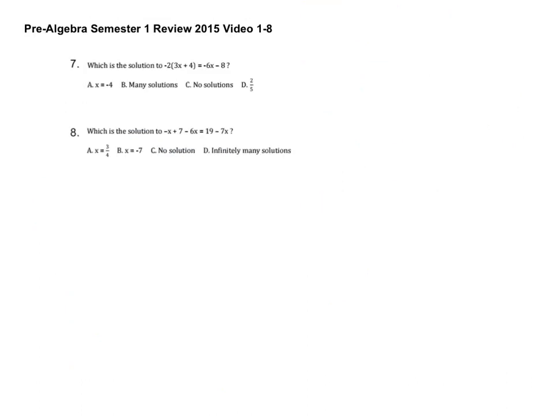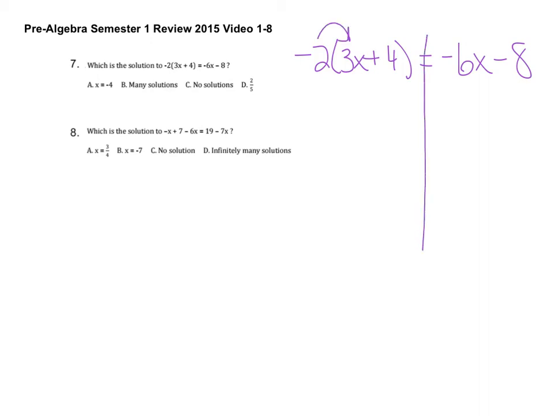Two more equations. Number 7 is negative 2 times the quantity 3x plus 4 equals negative 6x minus 8. So I'm going to distribute. On the left, look for your equal sign. Negative 2 times 3x is negative 6x. Negative 2 times a positive 4 is negative 8. Equals negative 6x minus 8.